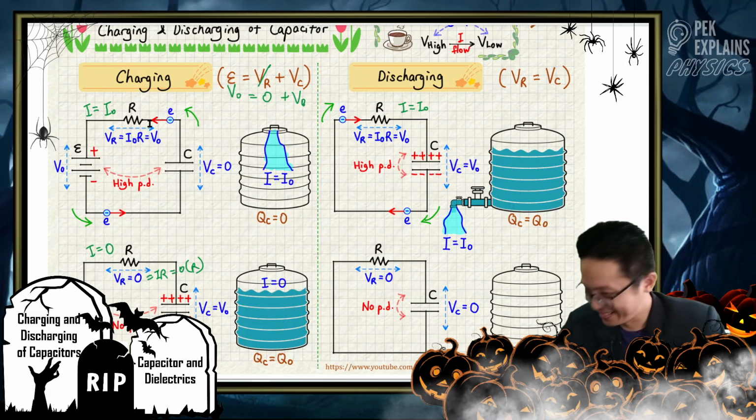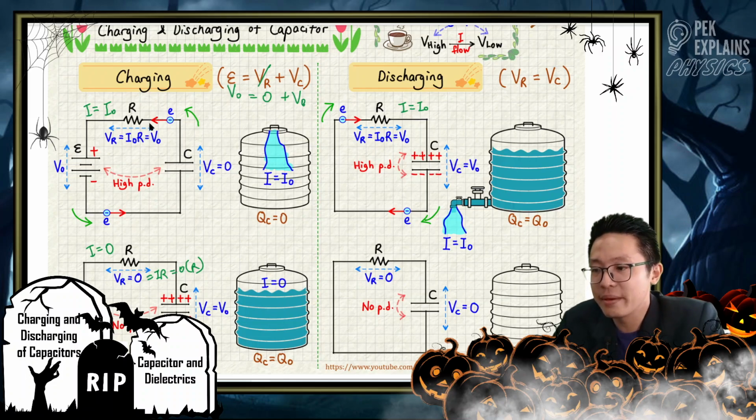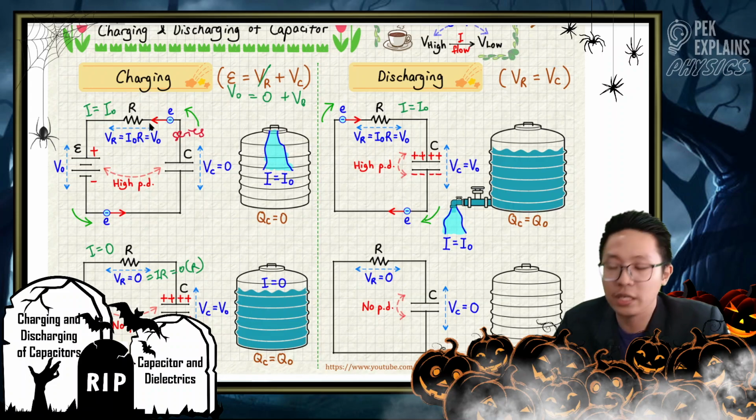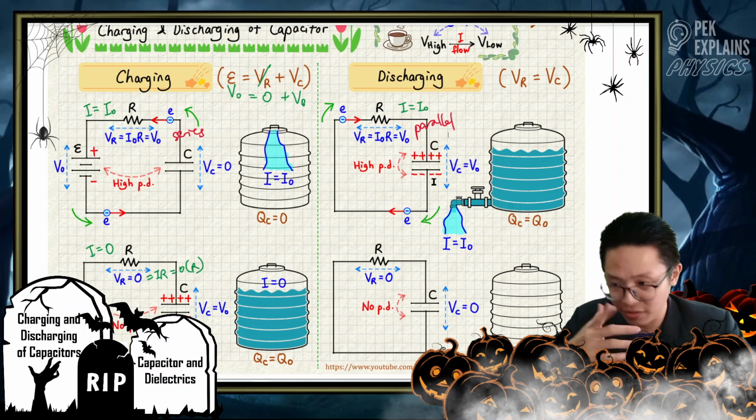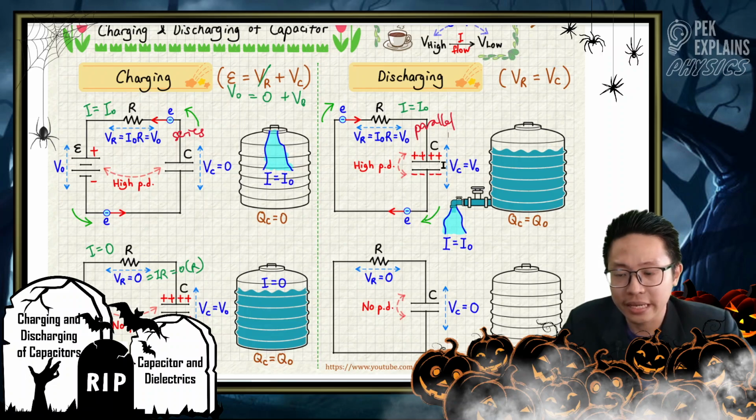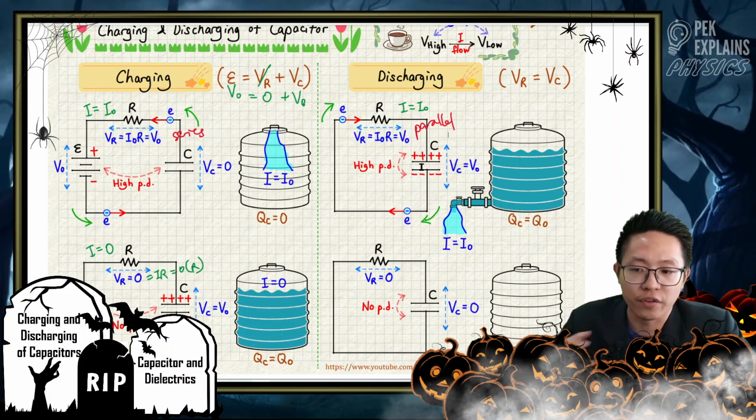Last time our resistor and capacitor were in series, but now they are in parallel, so it's different. If the resistor and capacitor are in parallel, then whatever the voltage of the capacitor, the voltage across the resistor will be the same.